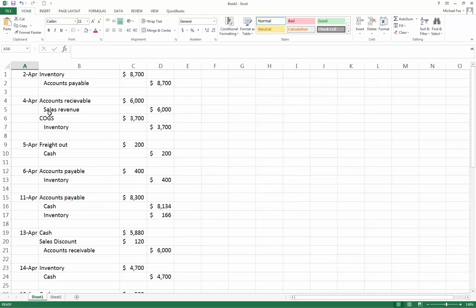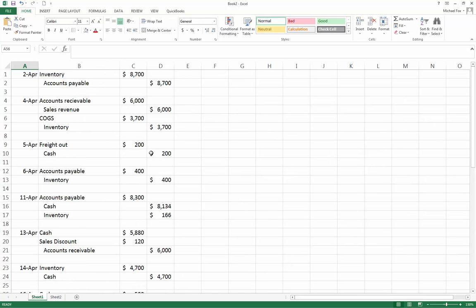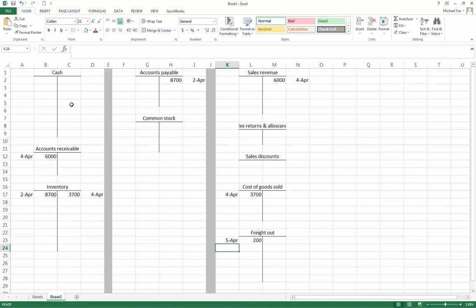One more. On the 5th of April, we have freight out. That's an expense of 200, on 4/5. And cash going down by 200. So cash, we're going to credit.